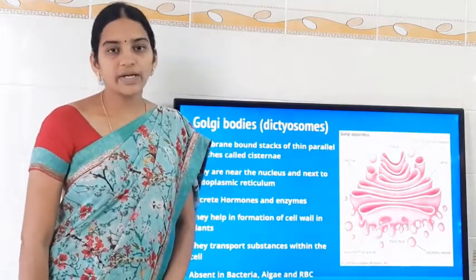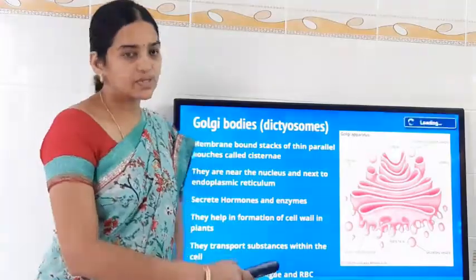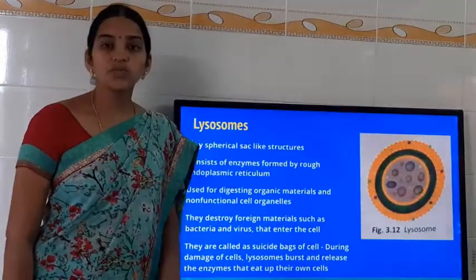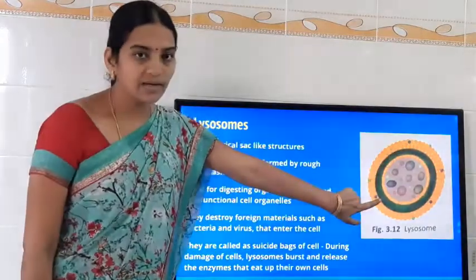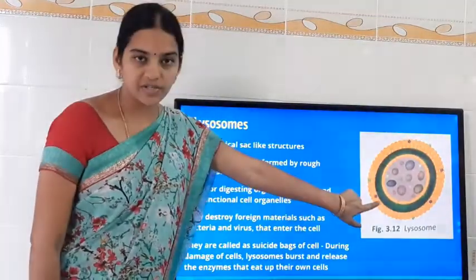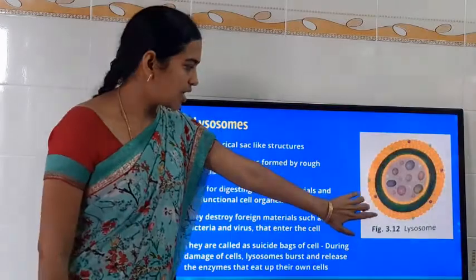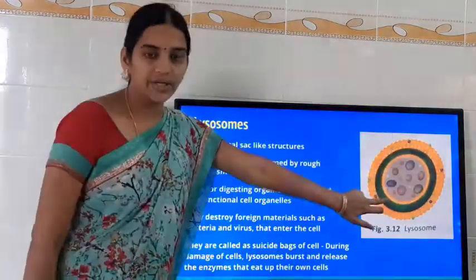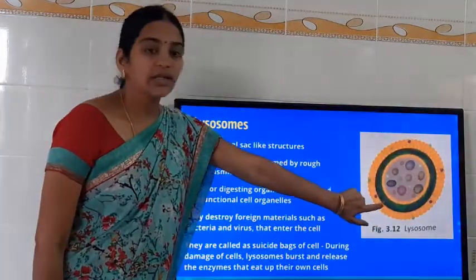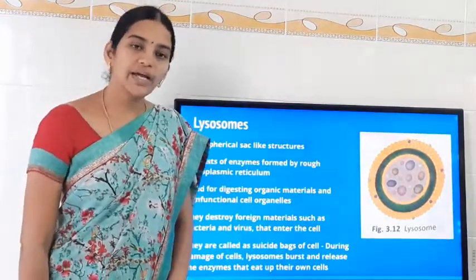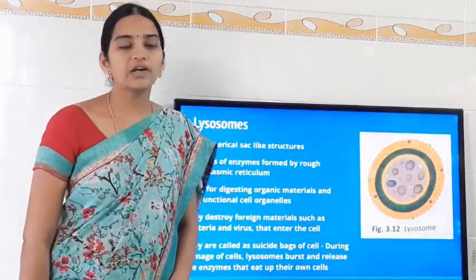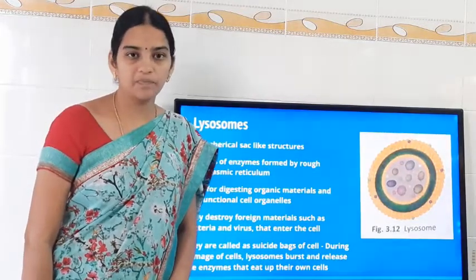And the next organelle is lysosomes. These lysosomes are small spherical sac-like structures, and they are membrane bounded. Inside, they have some powerful enzymes, and these powerful enzymes are made by the rough endoplasmic reticulum.